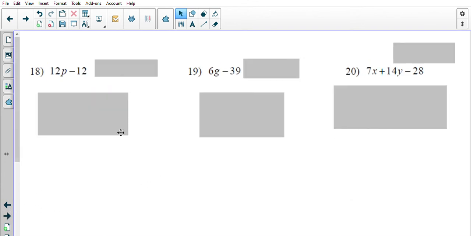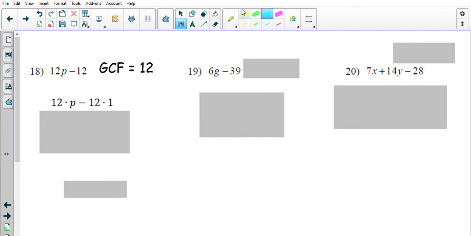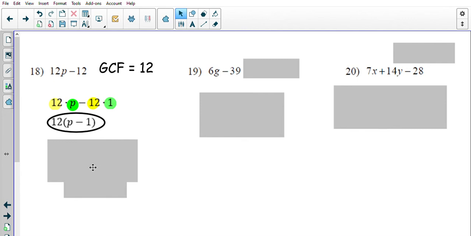Number 18. Our greatest common factor of 12 and 12 is 12. So we can rewrite this as 12 times p minus 12 times 1. Don't forget that 1 there, since 12 times 1 gets us 12. The 12 is outside the parentheses. p minus 1 is left inside the parentheses.